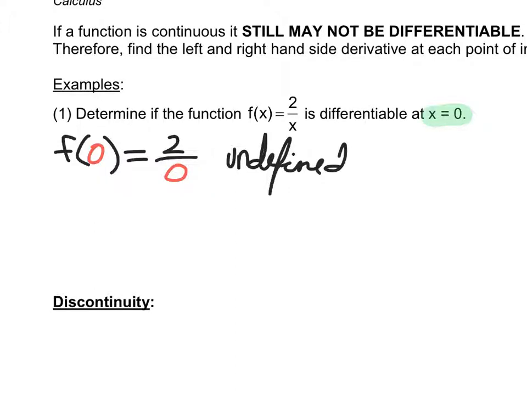Very important: your function needs to exist at that point in order to have a tangent line at that point. How can you have a slope at a point if there's no point there to begin with? The very first step in determining continuity is determining whether the point exists itself. So no point exists at x equals 0.